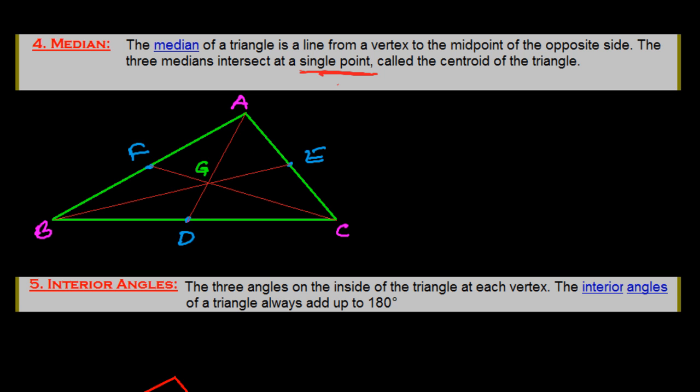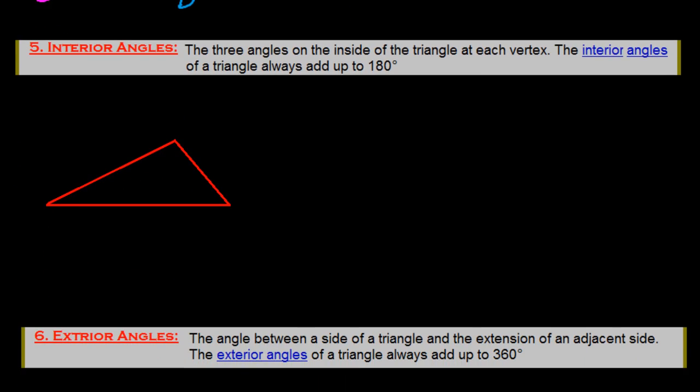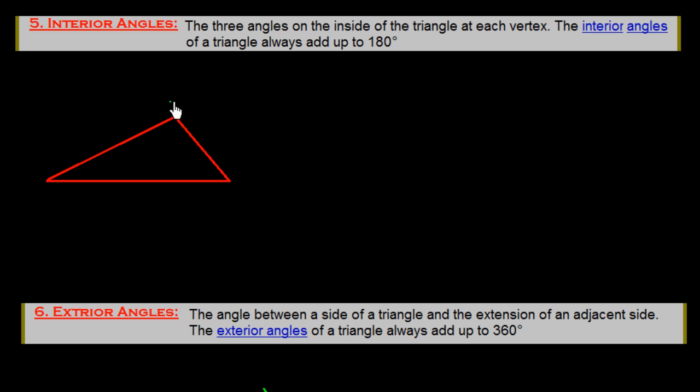Now I would like to explain about the interior angles. The interior angles of a triangle are the three angles on the inside of a triangle at each vertex. The interior angles of a triangle always add up to 180 degrees. So we see this is our A, B, C, the three angles: this angle plus this angle plus this angle.